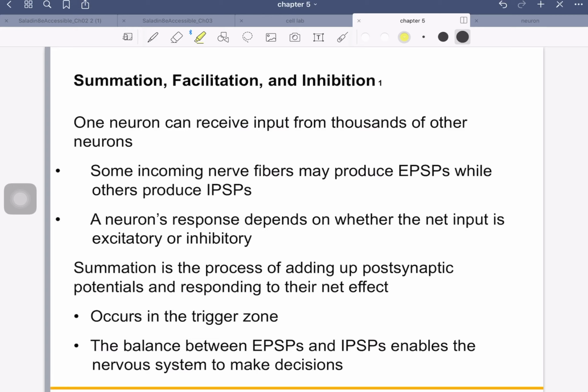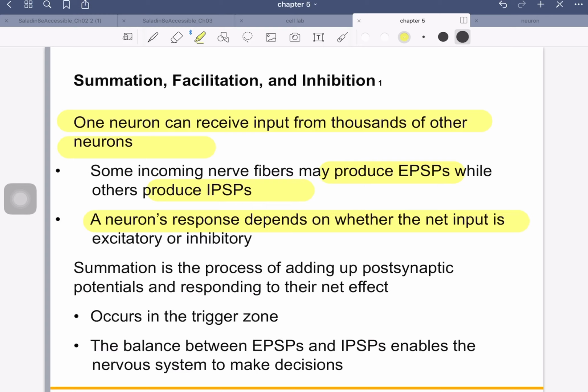Now, in this case, one neuron can actually receive input from thousands of other neurons. And as we said in our in-class discussions, sometimes they're excitatory and sometimes they're inhibitory. And a neuron's response depends on whether the difference between the excitatory and inhibitory gets you to basically threshold.